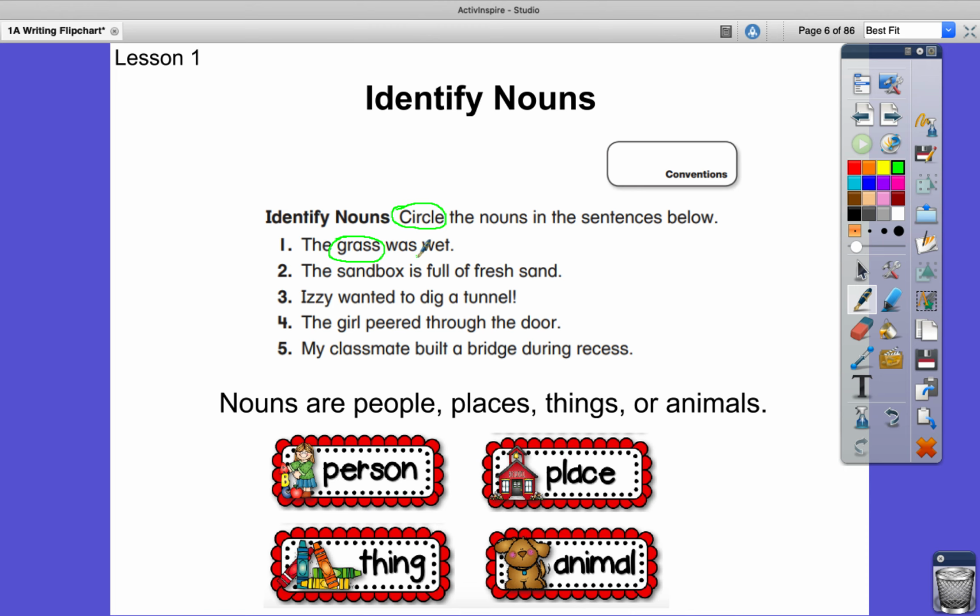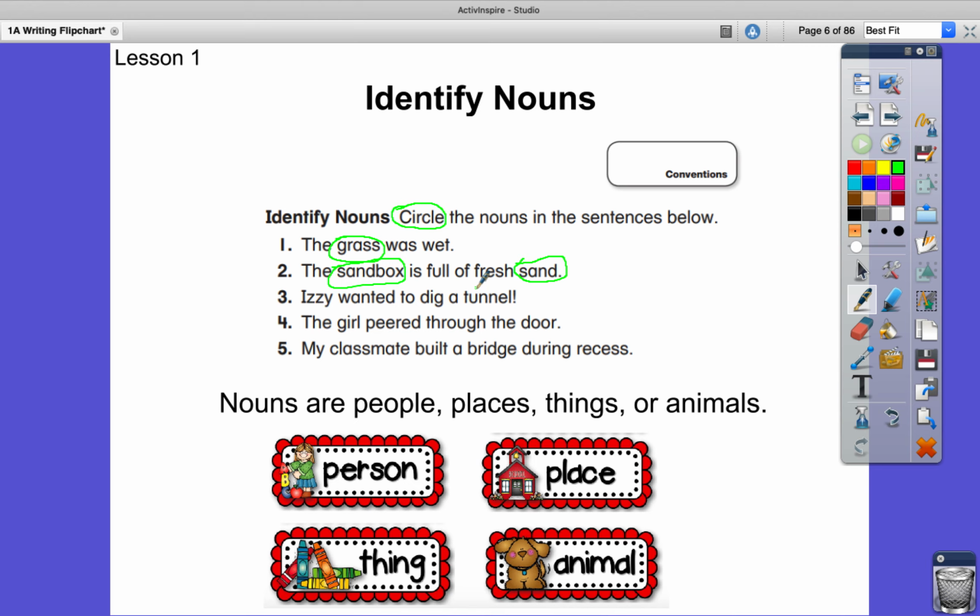Number 2. The sandbox is full of fresh sand. Do I have a place in this sentence? Yes, the sandbox. This is somewhere where I can go or visit. And it's full of sand. Okay, number 3. Izzy wanted to dig a tunnel.